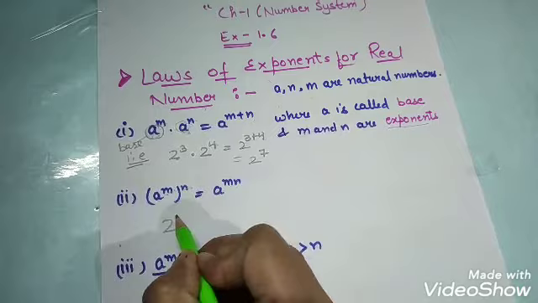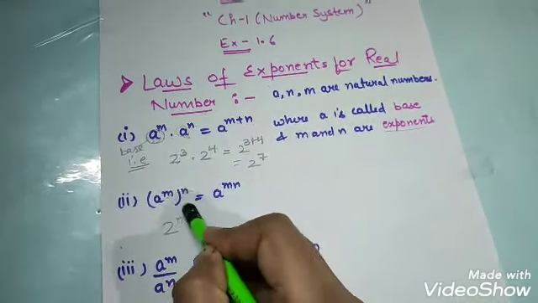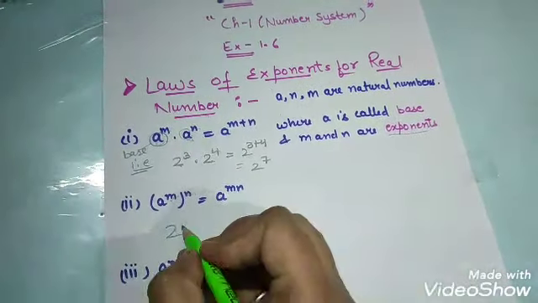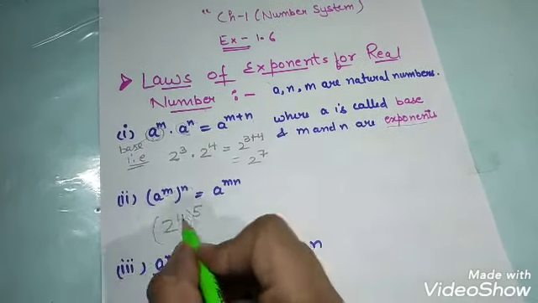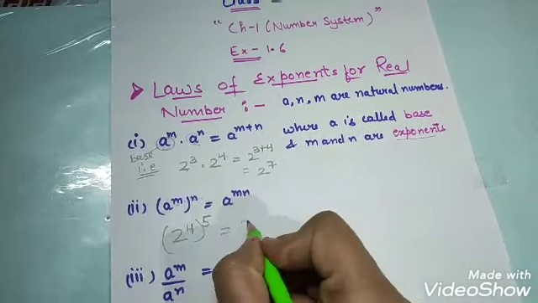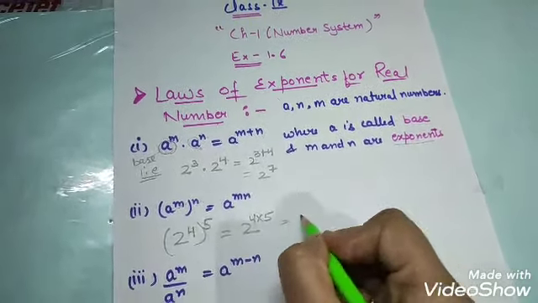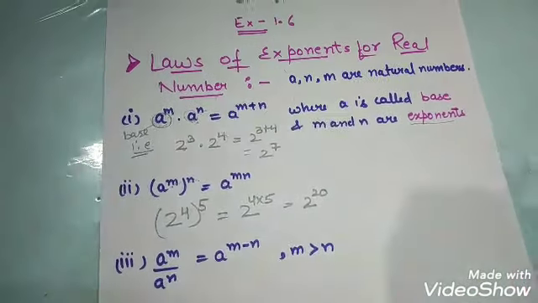For example, if I have written 2 to the power 4, whole to the power 5, the powers get multiplied, 4 multiplied by 5, and it becomes 2 to the power 20.